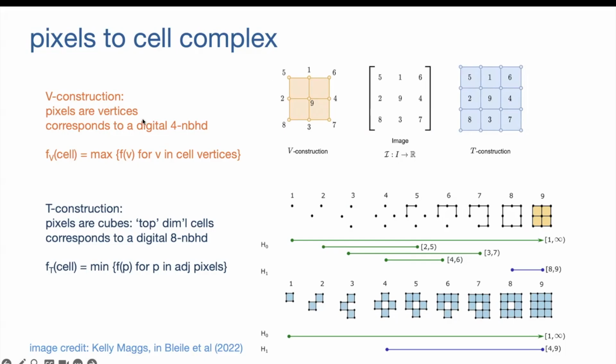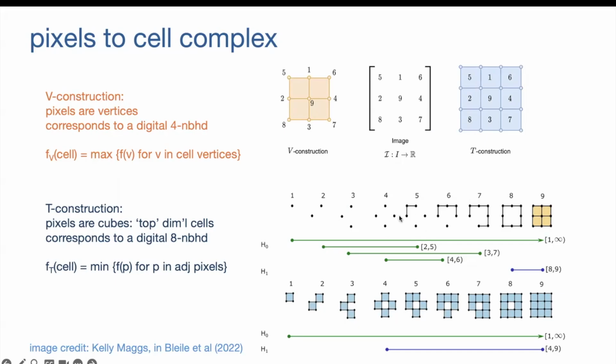All right, so initially I can extend my function values on each cell by taking, in this setting, the function value on each cell to be the maximum value of any of its adjacent vertices. So what that means is that in the lower star filtration, I will grow something like this.